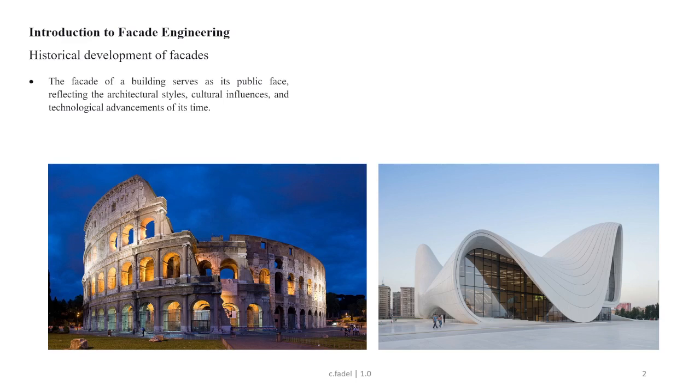For instance, the glass curtain walls of the Heydar Aliyev Center by Zaha Hadid symbolize transparency and connections between indoor and outdoor spaces, a departure from the solid, imposing fronts of ancient structures like the Colosseum in ancient Rome.